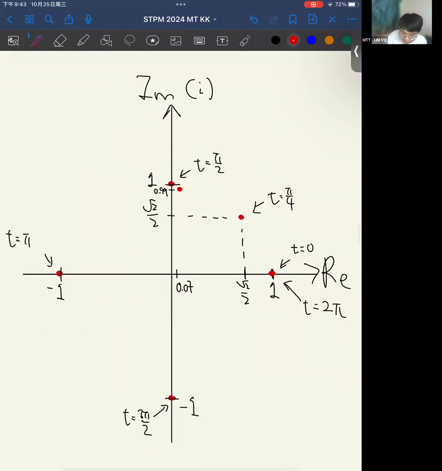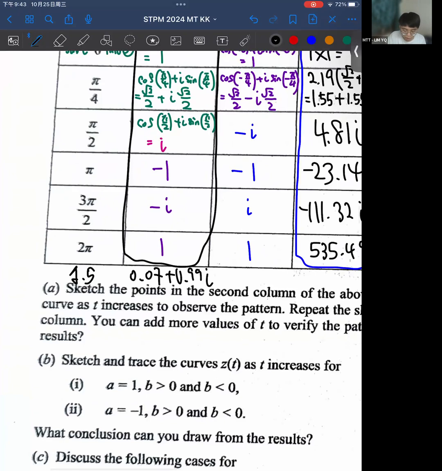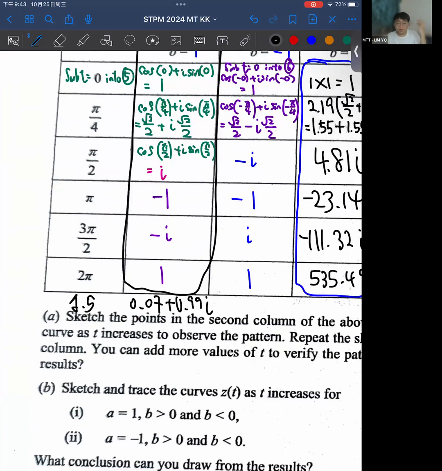If you complete the whole thing, you become a circle. Not only values between here, you can put more than 2 pi also, because t is greater than 0, you can put any value. Let's say I want to put 10. I substitute t equal to 10. Cos 10 is negative 0.84, and sine 10 is minus 0.54i.